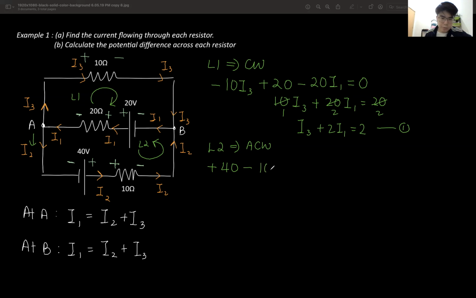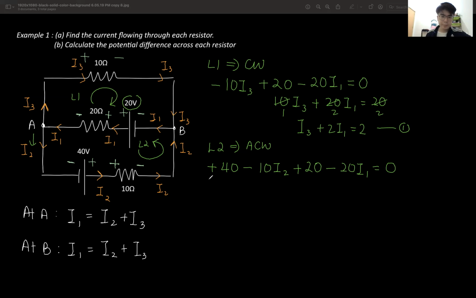Current is I2, so 10 I2. And then go up to the 20-volt battery, negative to positive, it's a positive 20. And then we have a minus 20 I1 equals to 0, back to A.